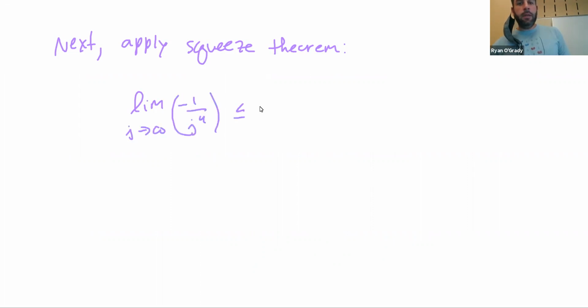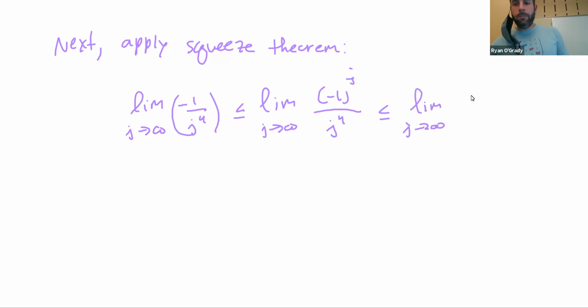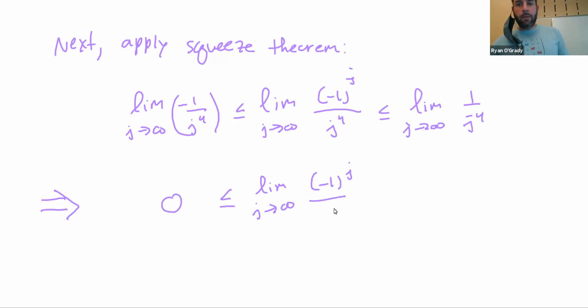We know that has to be less than or equal to this limit, and that has to be less than or equal to this limit. But we know the outside guys are just 0. That's 0. And we are trapping the limit of interest between two zeros. And so the result follows.